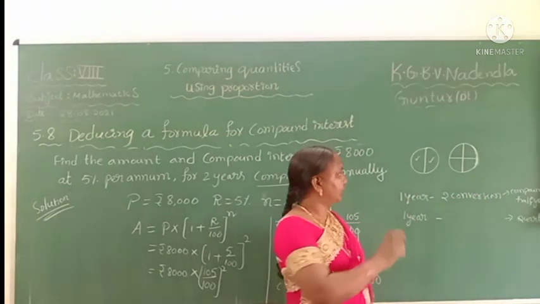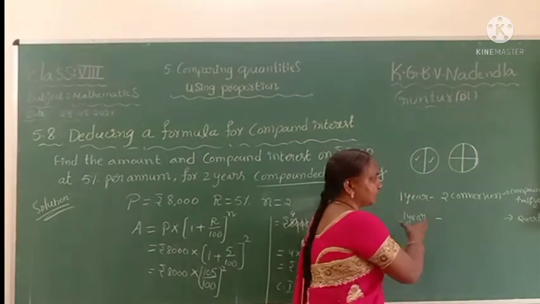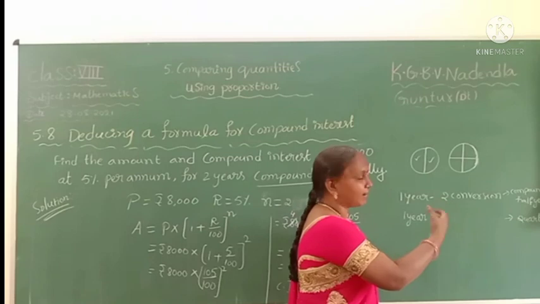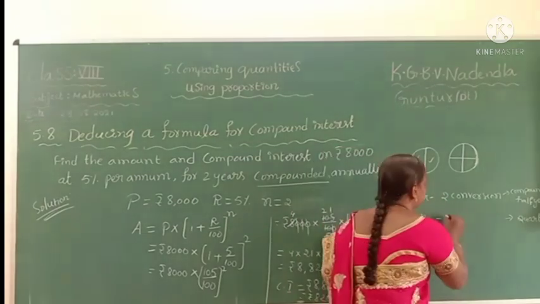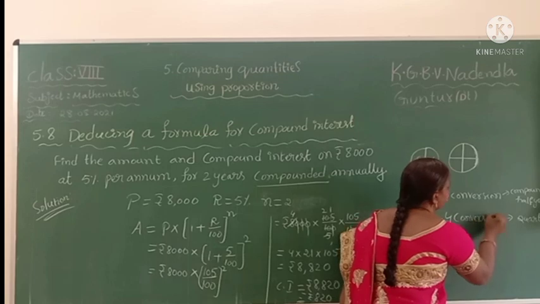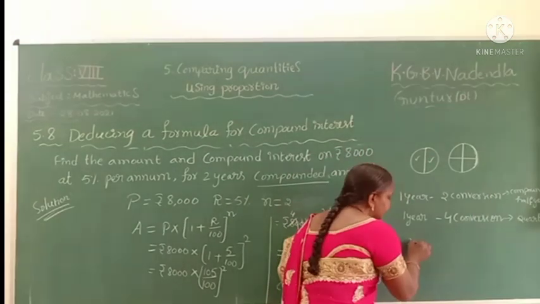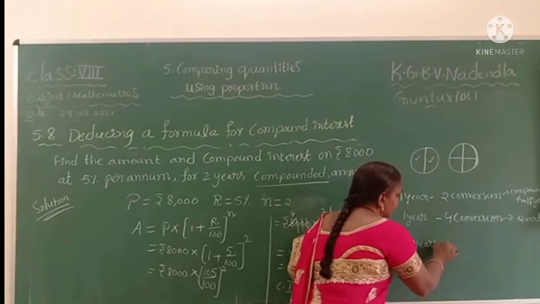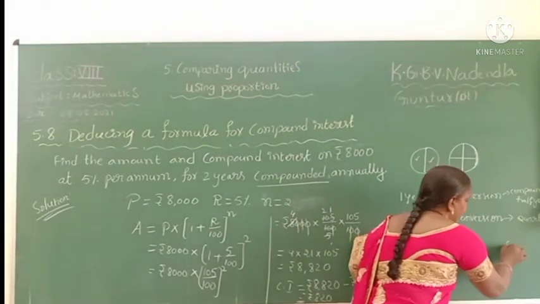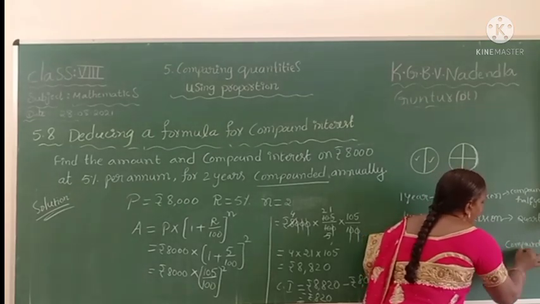We divided it into 4 parts. So, in 1 year, if you compound it quarterly, then we get 4 conversion periods. Okay? In 2 years, if compounded half-yearly.